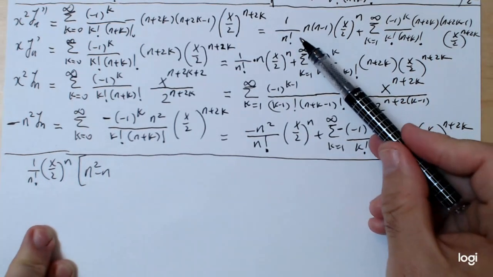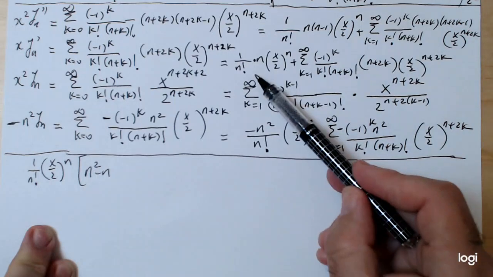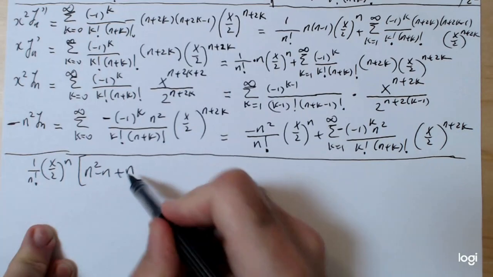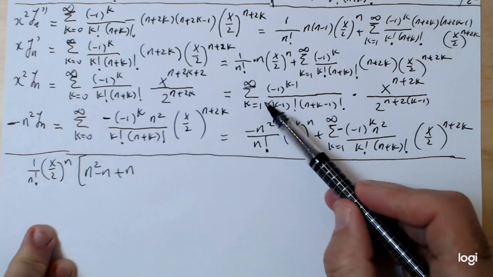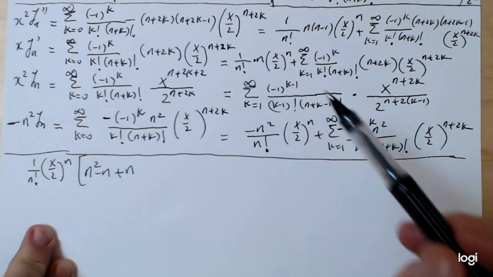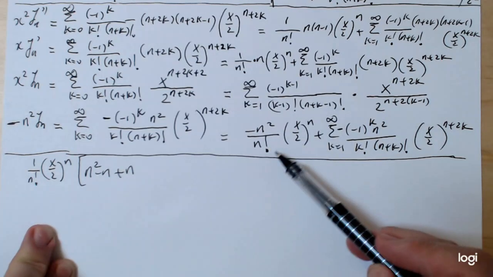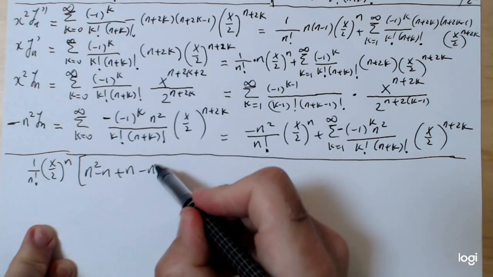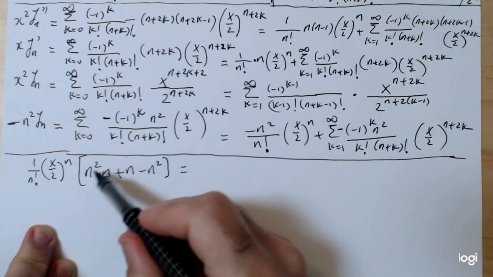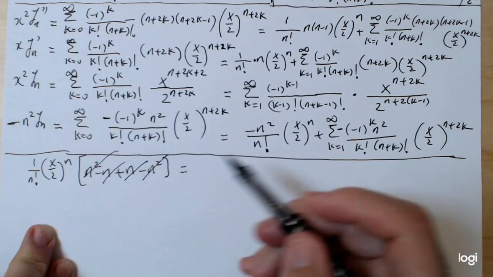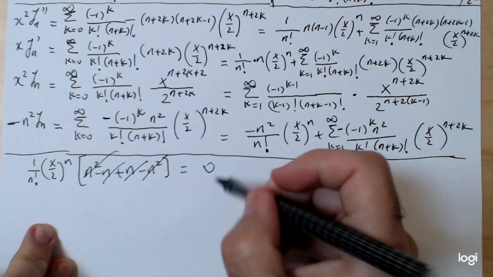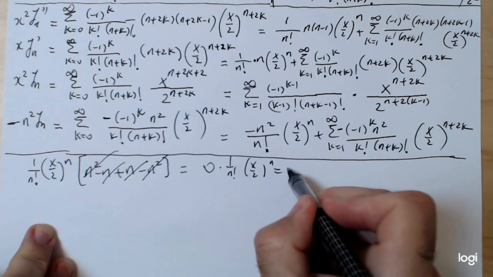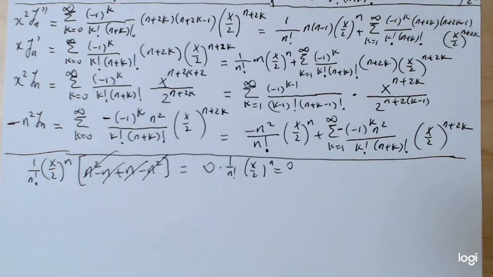In the second term, we have just n, so I'm going to add it up here. There's nothing outside the summation in the third term. In the last one, again, if I pull out x over 2 to the n over n factorial, I'm left with minus n squared. This cancels, so that's going to be 0. So 0 times 1 over n factorial, x over 2 to the n, which of course is 0, as it should.